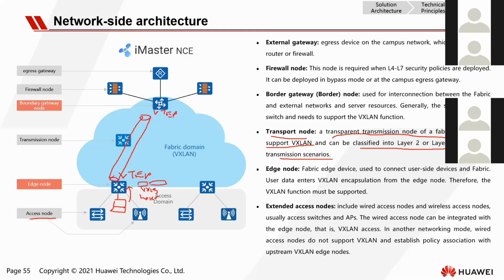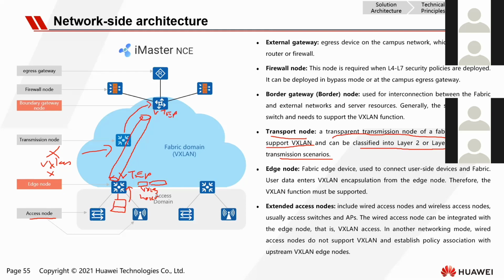Once the packet is sent, it will be forwarded to this transmission node. As you know, this transmission node is not configured with any VXLAN configuration, and it doesn't support VXLAN, so it will not do anything with this packet. It will just forward this packet to here.